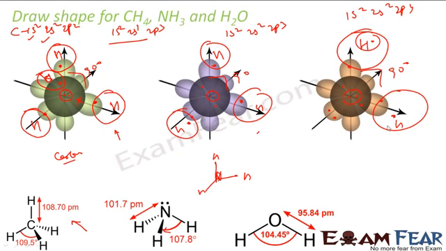In the case of water also, when we applied the current knowledge, we found that the angle should be 90 degrees, but experimentally we found another value. That means something we are doing wrong, right? So the current overlap concept is not able to explain the structure of the molecules.